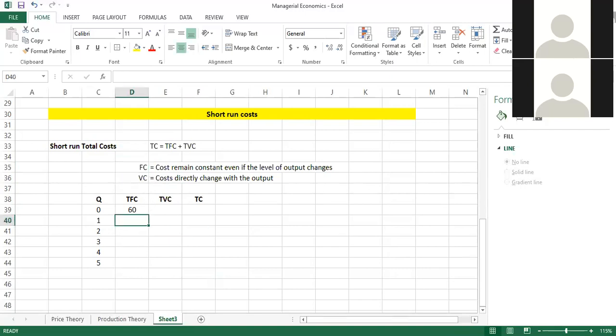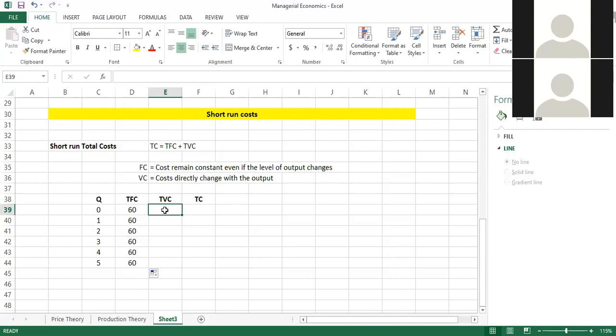So if we want to analyze the behavior of these different cost concepts, you can see that even if the output is zero, the fixed cost is there. But when output changes, the fixed cost will not change. It will remain constant even if the level of activity changes. But what will happen to the variable cost?